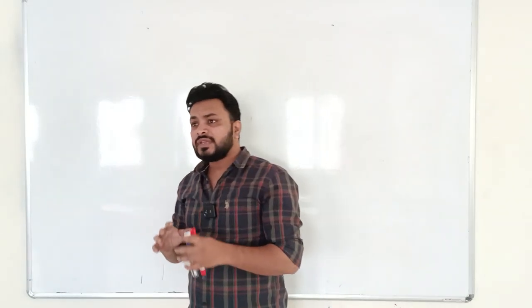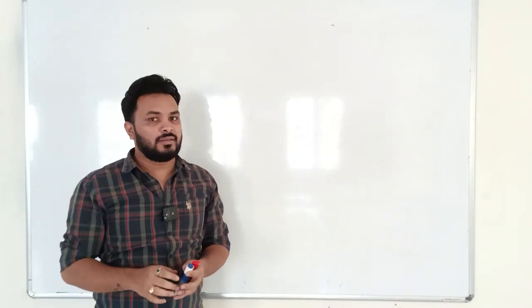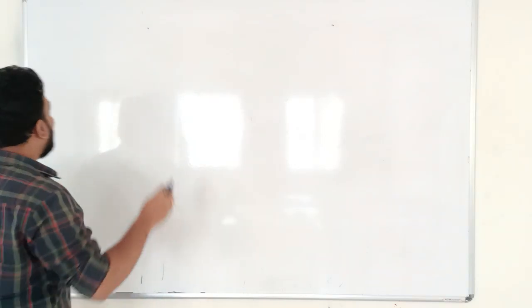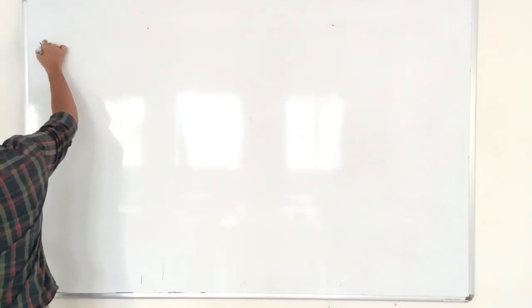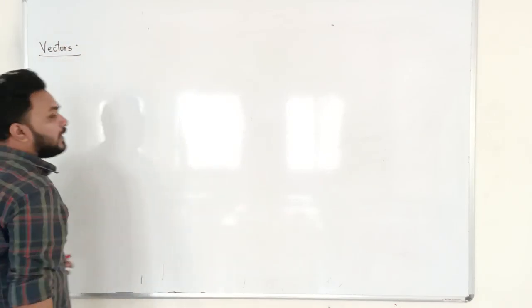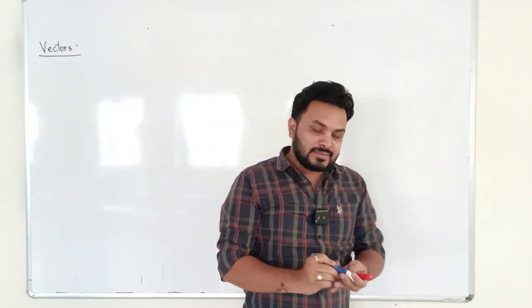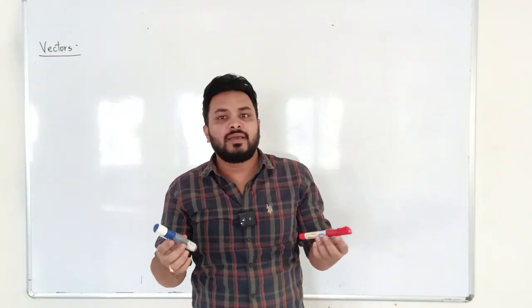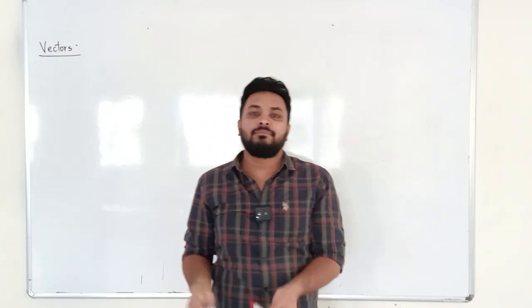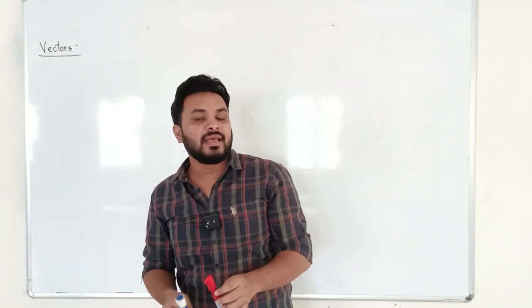Now, the main part we need to understand is the vector part. We have to understand thoroughly what vectors are. Basically, if we add two scalar physical quantities, suppose this is 2 kg, this is 3 kg, we are adding these two pens, then we simply say the total mass of these two pens is 5 kg.